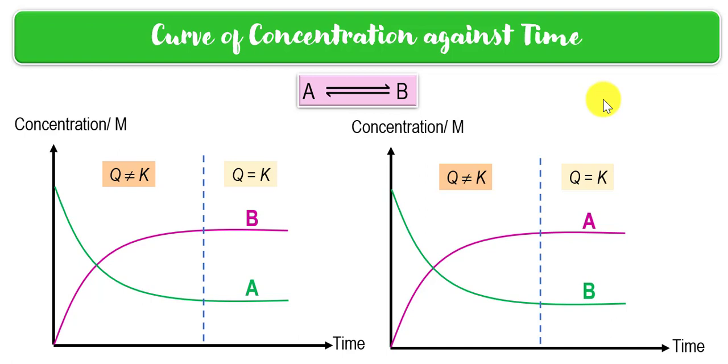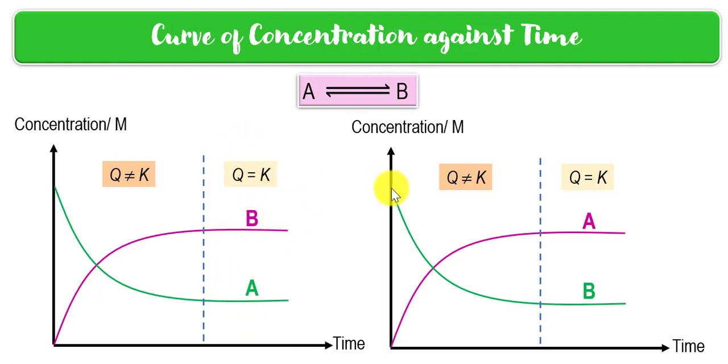For a particular system and temperature, the same equilibrium state is attained regardless of how the reaction is run. For example, if you have the reaction of A in equilibrium with B, and you start the reaction with A and there is no B present initially, the concentration of A will decrease with time and the concentration of B will increase with time until it reaches some time where the concentrations no longer change, and the reaction achieves equilibrium.